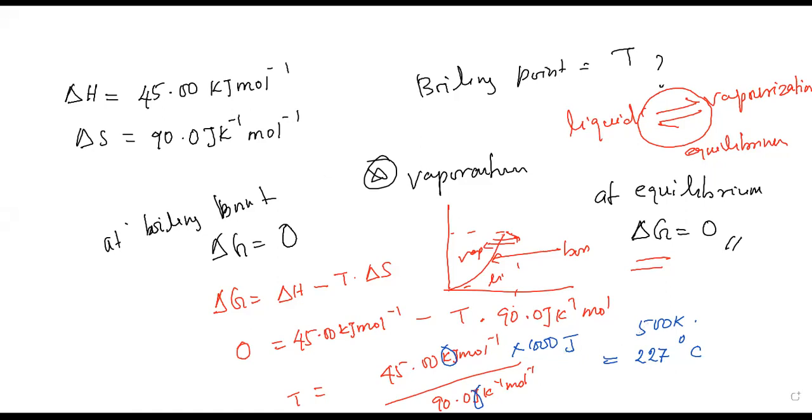So simply you can say, by using that equation, delta G is equal to delta H minus T into delta S. So therefore you need the temperature, though you say this is 0. This is delta H minus T into delta S. We are going to find the boiling point, that is the temperature.